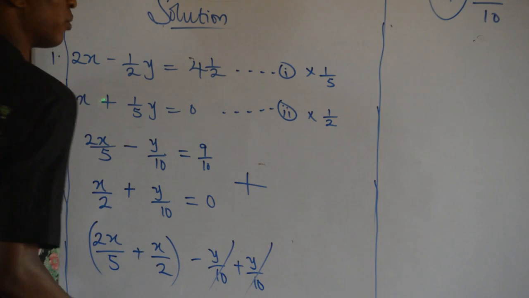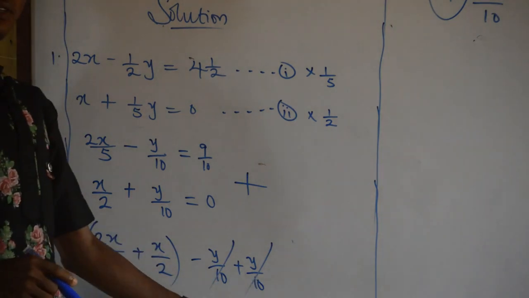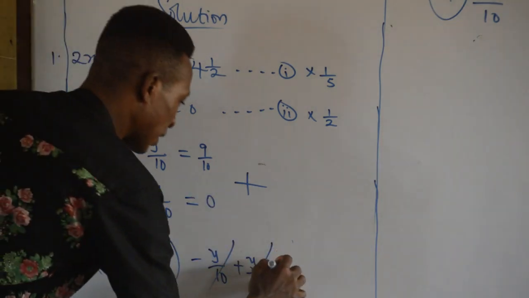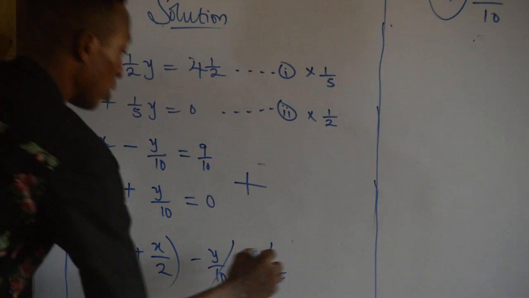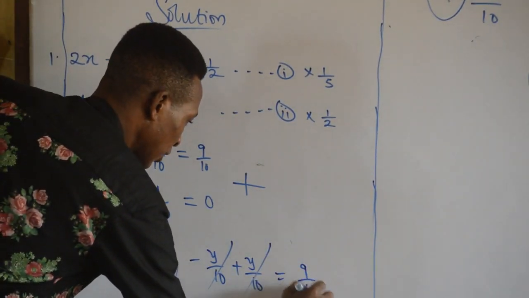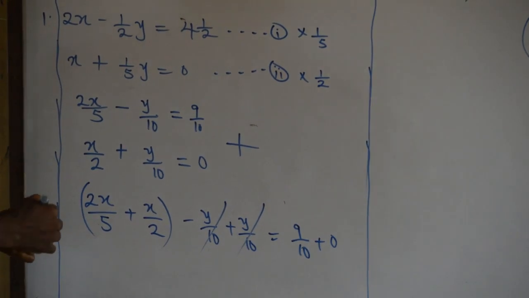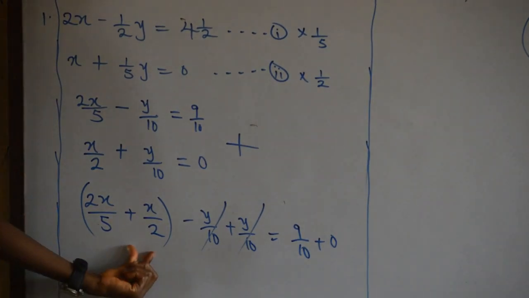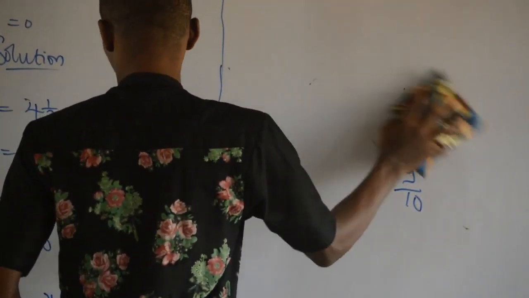Automatically this one is gone. And that's where the elimination is coming in, because minus y over 10 plus y over 10 is 0. So automatically it's out of it. So the number after the equality sign now, we have 9 over 10 plus 0. And 9 over 10 plus 0 will still give us 9 over 10. So where the work lies now is 2x over 5 plus x over 2. Let me solve that here and we'll see what we are going to have.